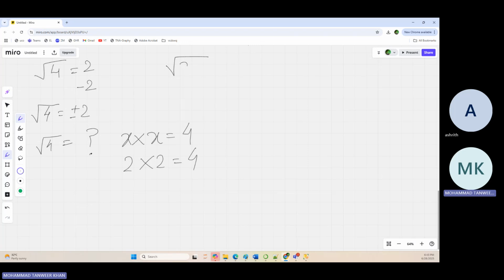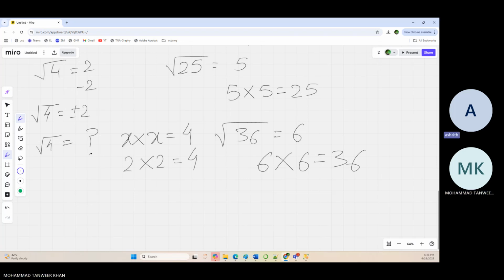If I ask you the square root of 25, you answer 5, because 5 times 5 is 25. So this is the meaning of searching for a square root. That is why the name is square: if I square something, I should get 25. If I ask the square root of 36, you will tell 6, because 6 times 6 is 36.